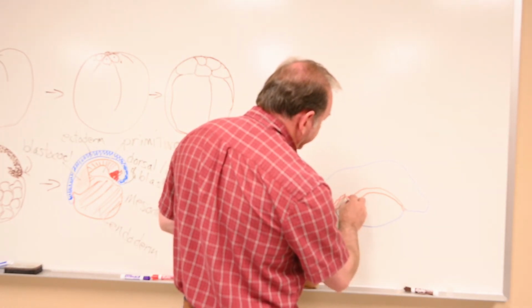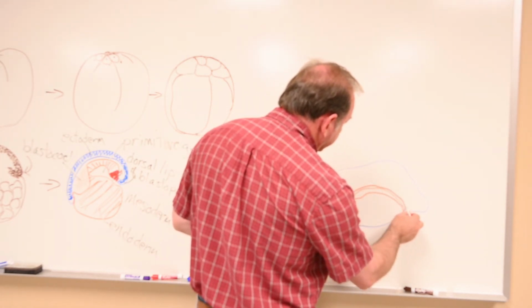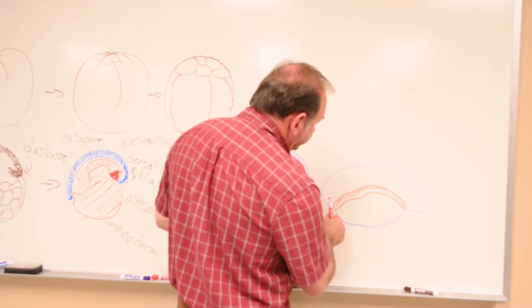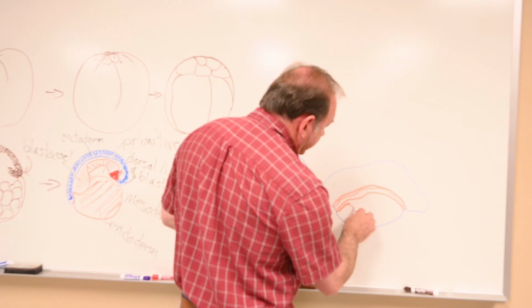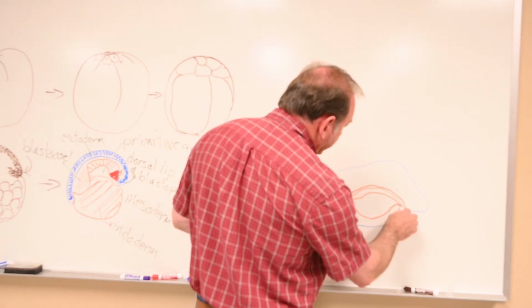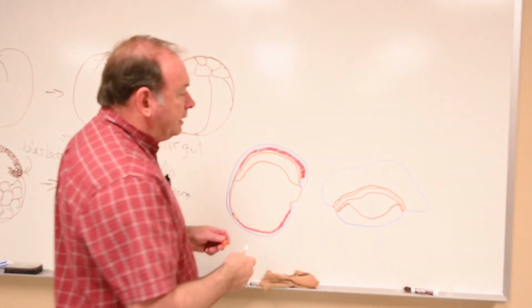So we'll have a layer of endodermal cells along the gut, and then we'll have endodermal cells along the gut here, and then still some yolk in the gut lining right there.